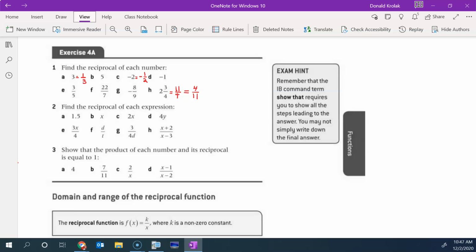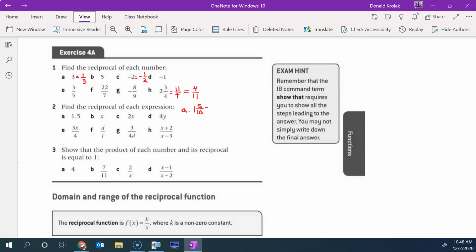Okay, so if I said, what's the reciprocal of 1.5? Well, you typically don't write decimals in numerators and denominators. So what we're going to do, for A, is convert that into a fraction. So 1 5/10, because that's what that decimal is.